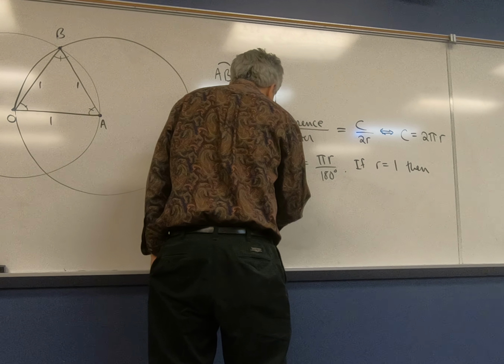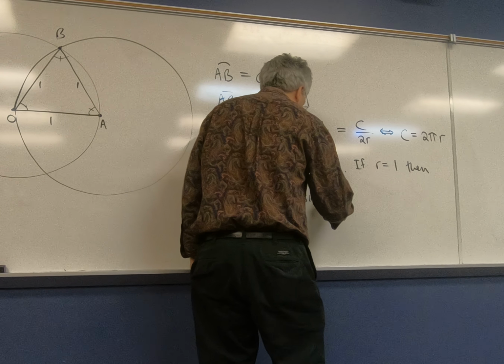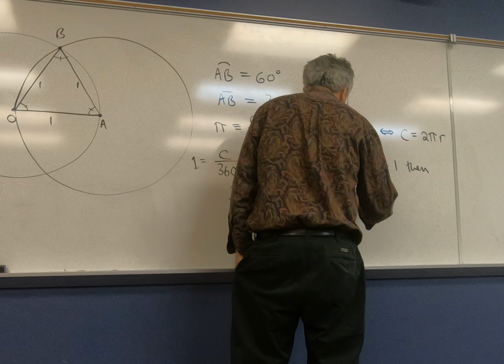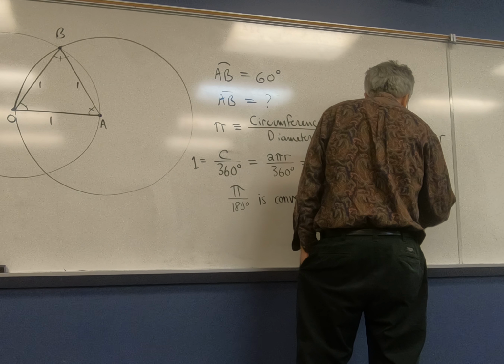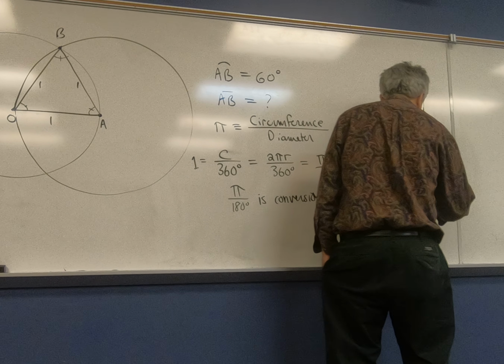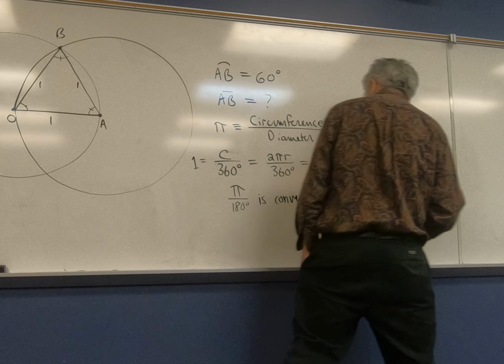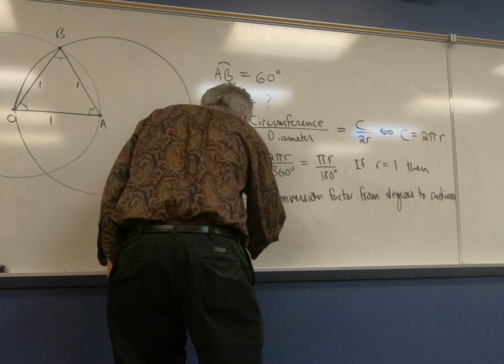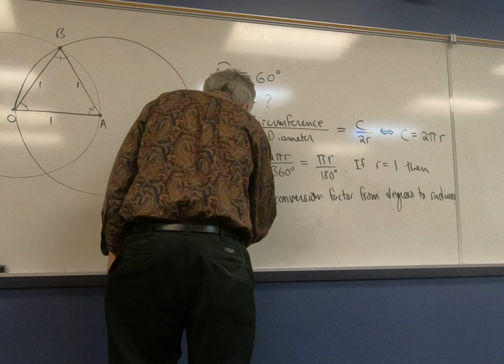So this is the conversion factor from degrees to radians. What if you want to go the other way? Well, 180 over pi is also equal to 1, right?